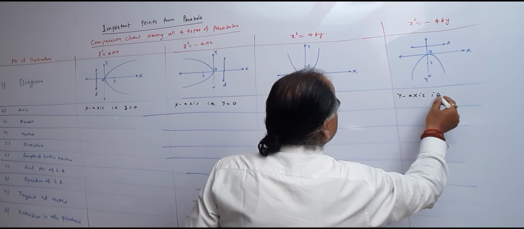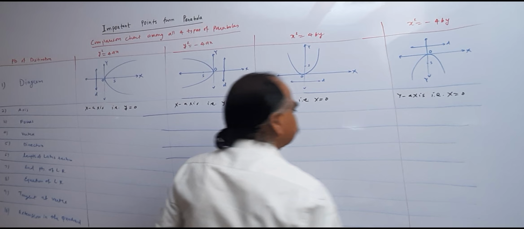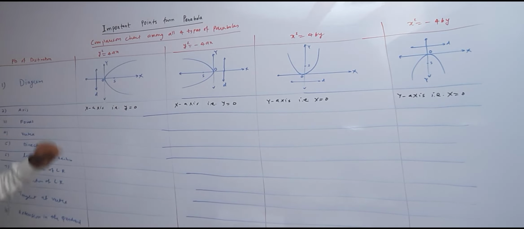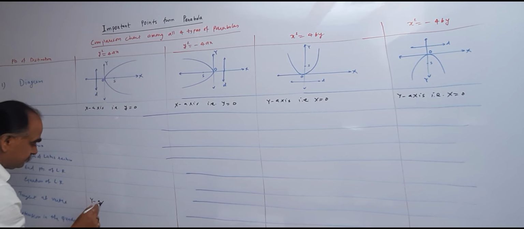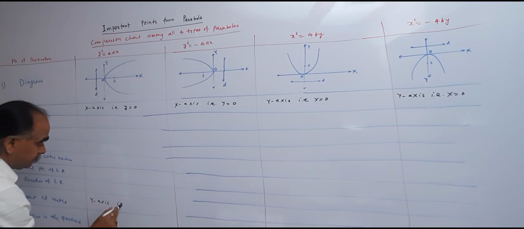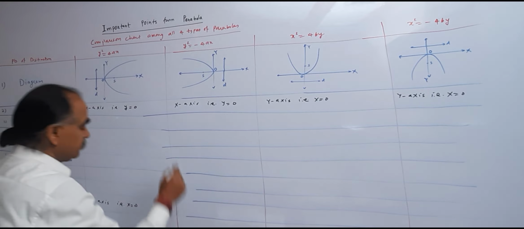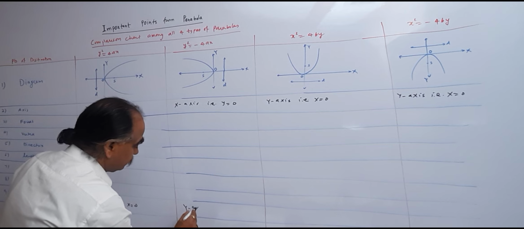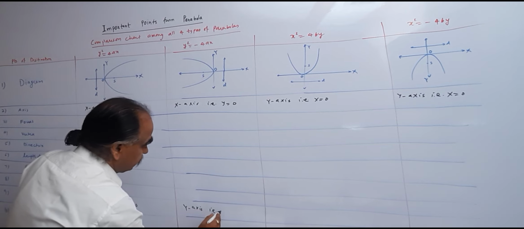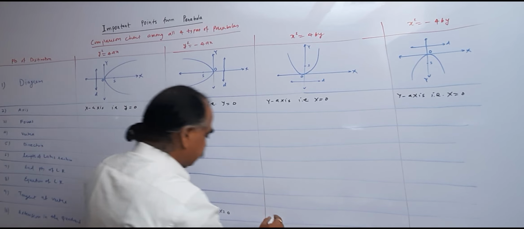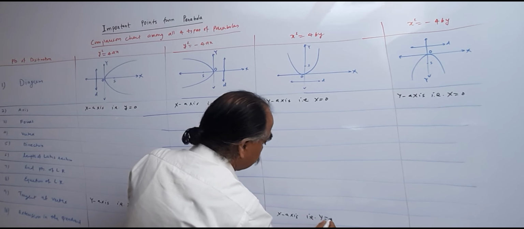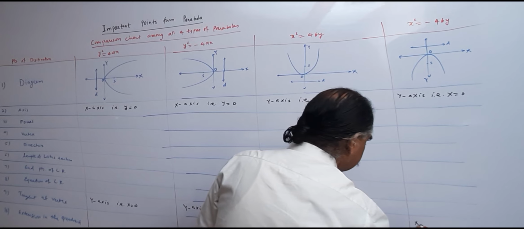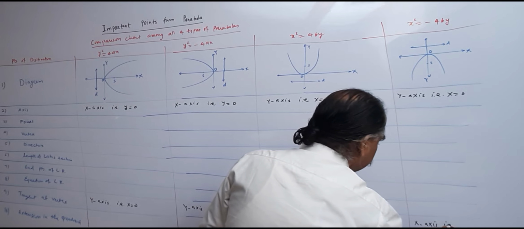Y-axis, that is x is equal to 0. Opposite of axis is tangent at vertex. It is Y-axis, that is x is equal to 0. Here also Y-axis, that is x is equal to 0. Here X-axis, that is y is equal to 0. Here also X-axis, that is y is equal to 0.